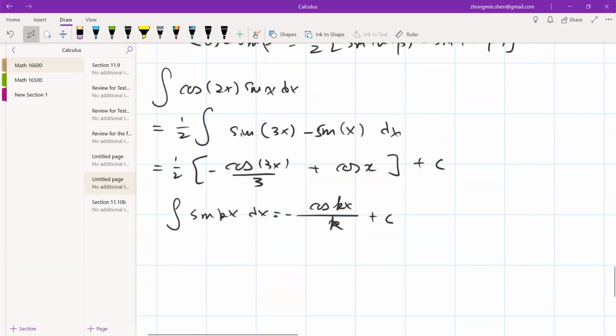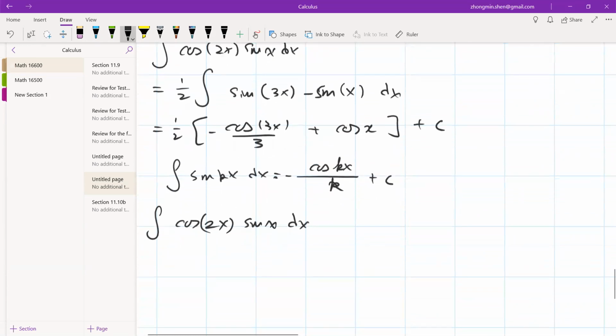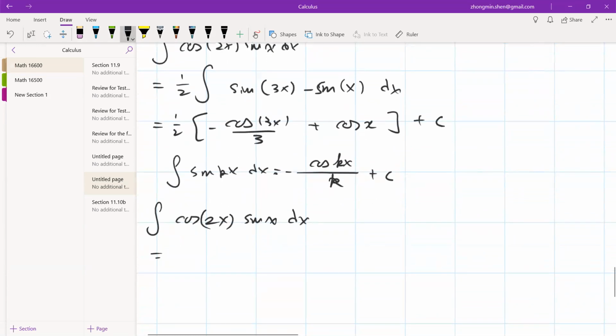Okay, so if you don't know the formulas, how can you solve this problem? There are two options. One is you view cosine x as 1 minus 2 sine squared x. Then you end up with sine x minus 2 sine cubed x dx.